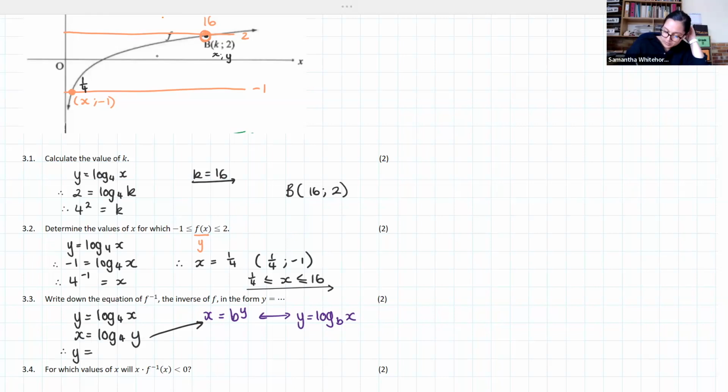Okay, so what we have is y is equal to 4 to the power x. That's it. All right.